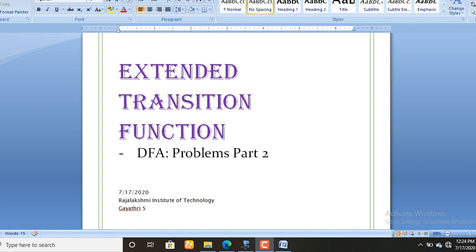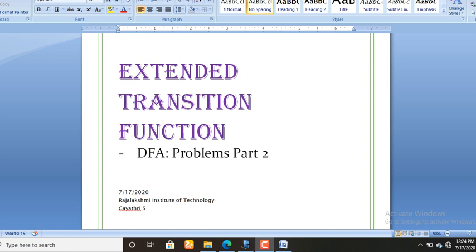In the previous lecture, I covered various problems on how to construct a DFA, and from those problems we know that the transition function starts with a state, takes an alphabet as input, and moves to another state. This is the actual definition of the transition function, delta.